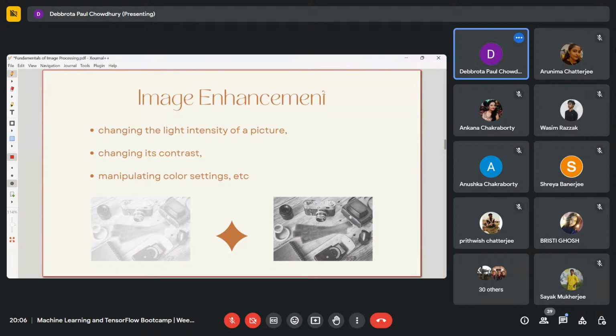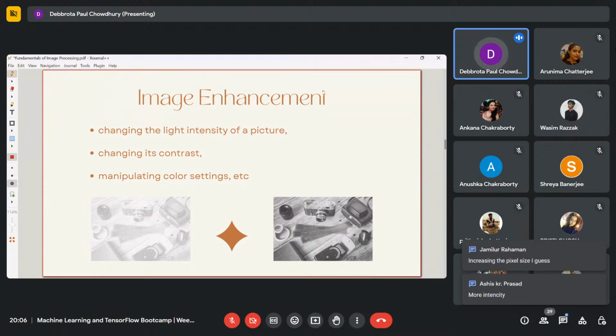So if I say one image is very bright, then the intensity values are towards 0 or 255? If I say increase the brightness of your image, what is the meaning of that?